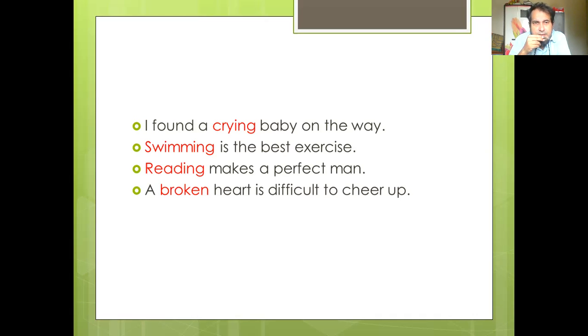In the next example, swimming is the best exercise. Swimming is a well-known practice among the youngsters, and it's also a very good practice that makes you healthy and wealthy.